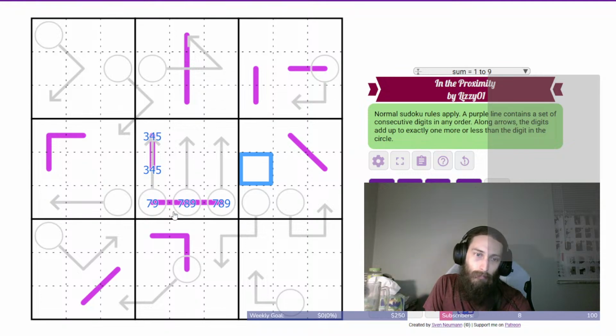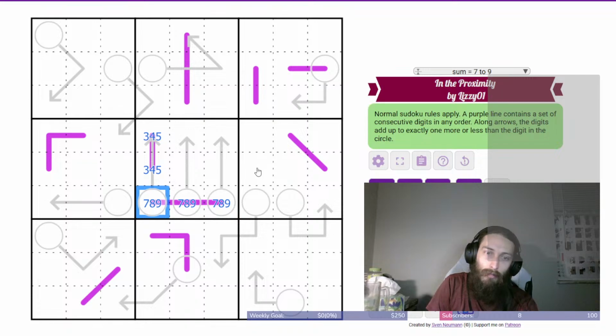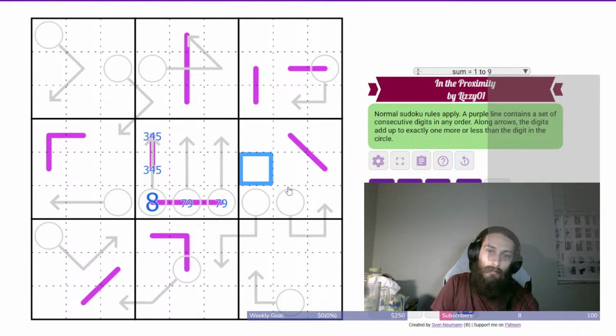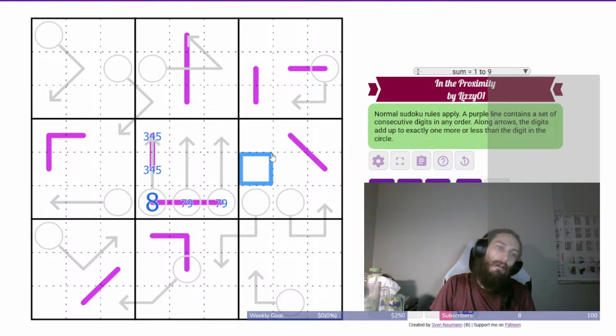Except it's one more or one less in the proximity. So, because this is either 7 or 9, this has to be 8, doesn't it? Because it can't be 7, because then it wouldn't be... one more or one less, which is too far away than the digit in the circle. Right. Yeah. So that is 8.